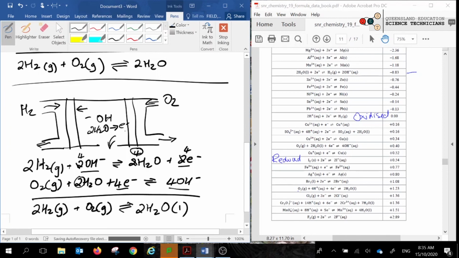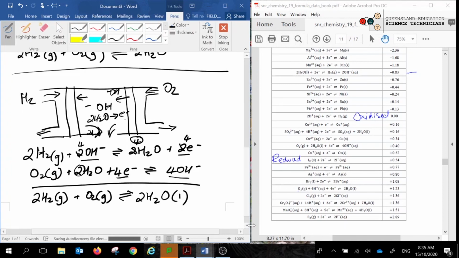So there's no net disruption of my hydroxide ions because the oxygen produces some hydroxide ion. It doesn't use up all the water. It only uses 2 of the water rather than 4, so those 2 extra waters are going down here from the hydrogen, and the 2 waters are being used by the oxygen and replenishing the OH, so we get some more OH coming in. But net equation-wise, still the same.